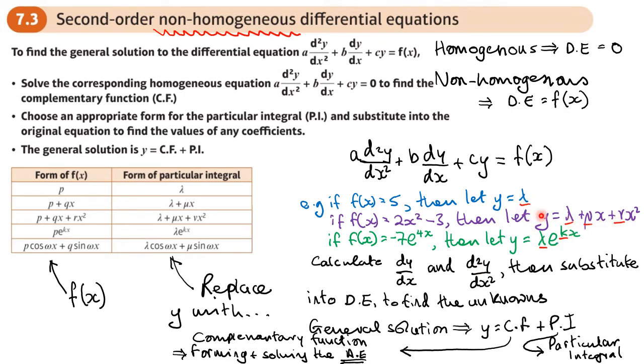Once we've done that, that gives us the particular integral, and we add the two together. So we're going to do plenty of examples so you can see what's going on.